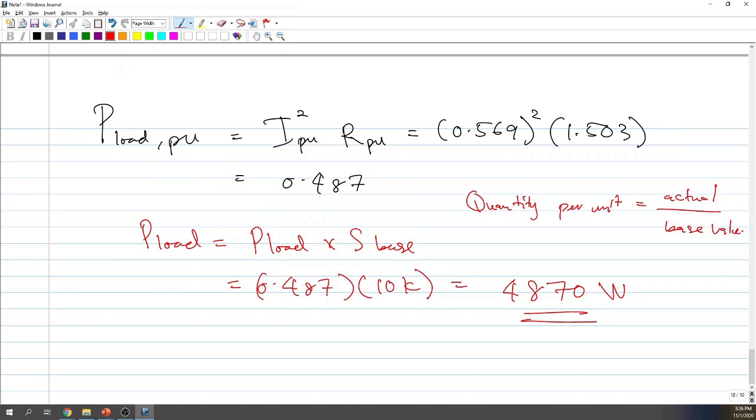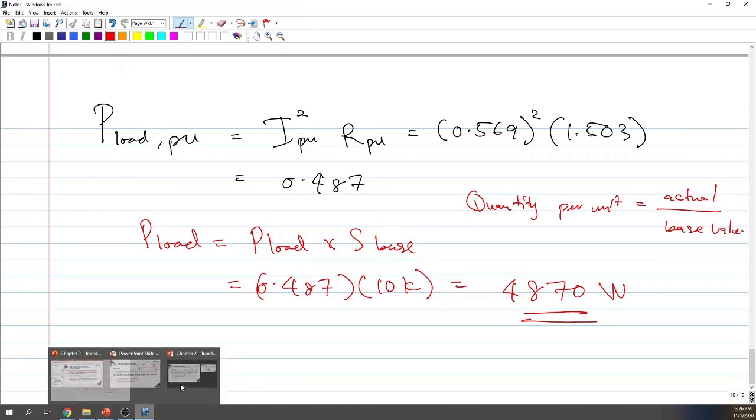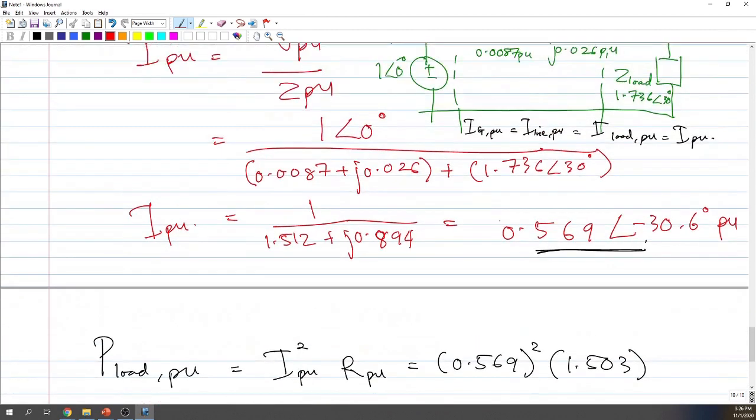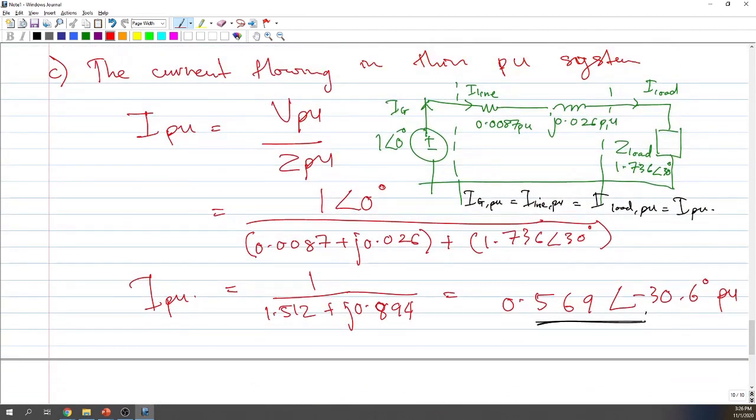Okay, mungkin ada yang tertanya kan, mana datang ni 1.05 ni? Okay, 1.05 ni sebenarnya datang daripada sinilah, daripada yang Z load ni, you pecahkan. Okay, ini you pecahkan, you akan dapat lah tadi 1.03 plus J 0.868.